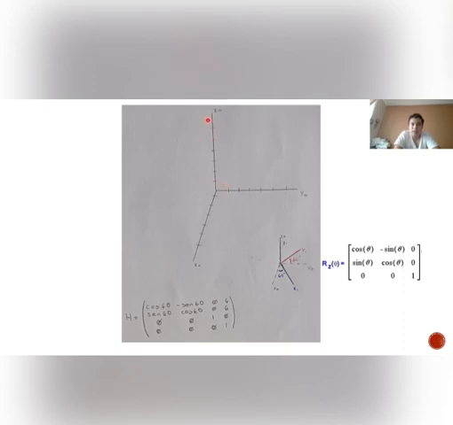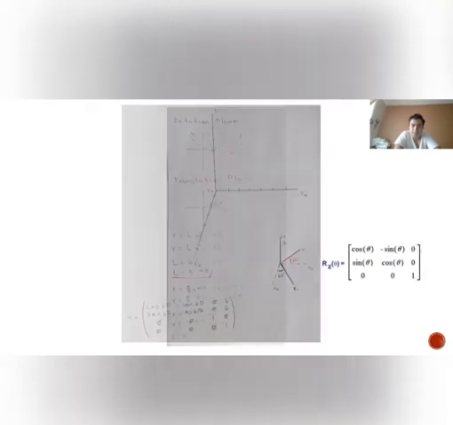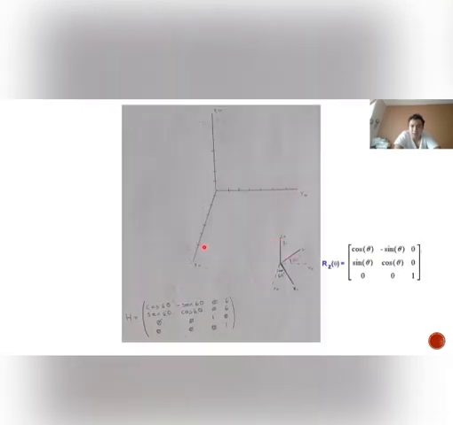Now for the graphic, we draw our 3D plane like this. We put Z, X, and Y: Z0, X0, and Y0. Now we draw the values of x and y that we obtained. We draw six, and on the axis, 1, 2, 3, 4, 5, 6, and 1, 2, 3, 4, 5, 6.